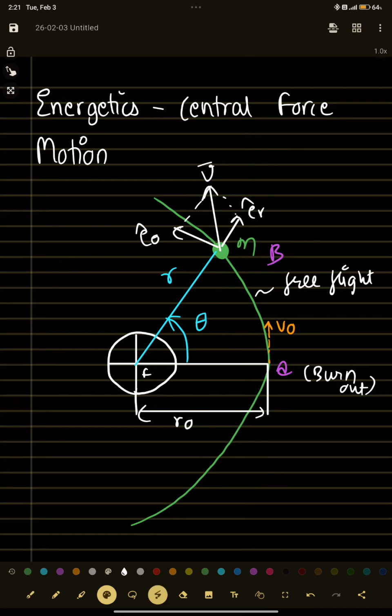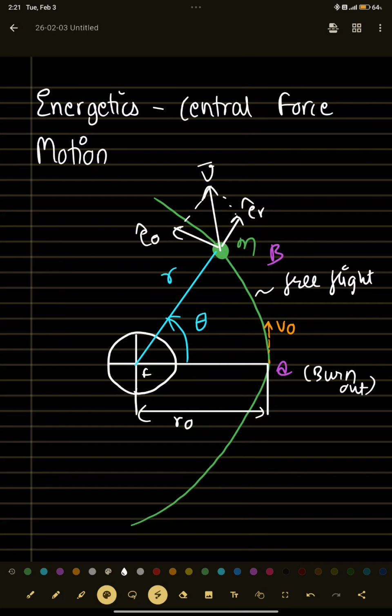Once all the fuel has burnt, it is starting with a V naught. From that point on, once all the external thrust is taken up by the fuel, only this V naught is the initial condition, the initial kinetic energy which is imparted.